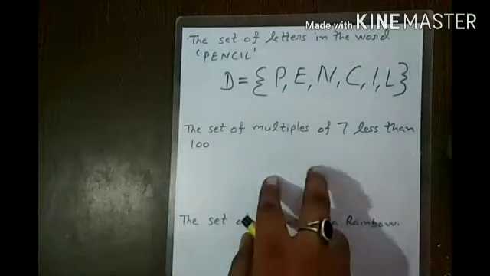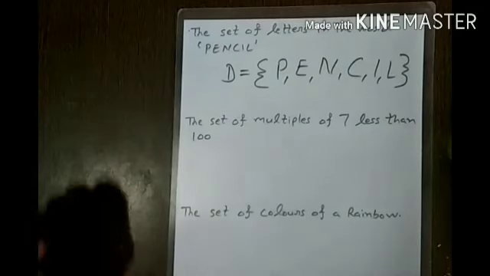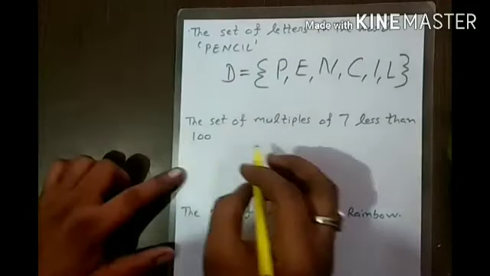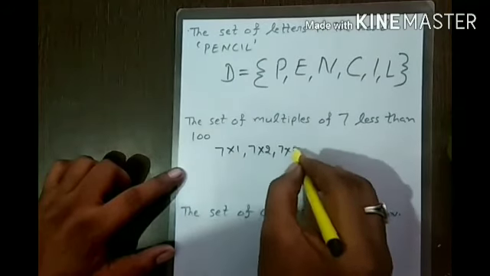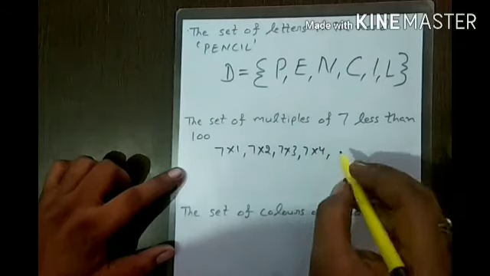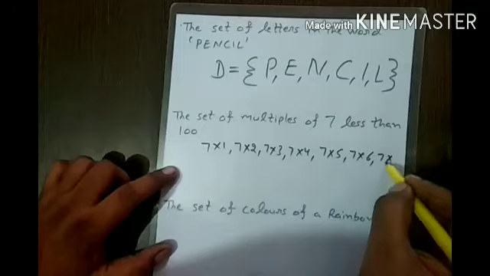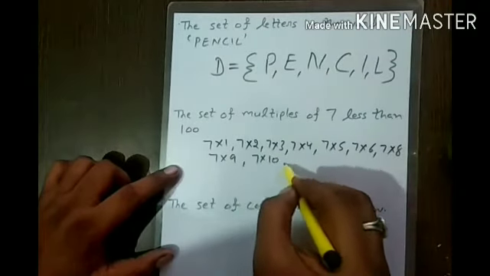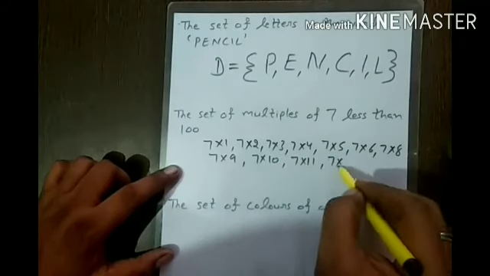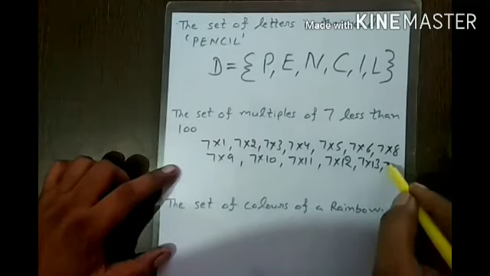Okay. Now the set of multiples of 7 less than 100. Now what are the multiples of 7? Multiples of 7 means 7 multiply 1, 7 multiply 2, 7 multiply 3, 7 multiply 4, 7 multiply 5, 7 multiply 6, 7 multiply 7, 7 multiply 8, 7 multiply 9, 7 multiply 10, 7 multiply 11, 7 multiply 12, 7 multiply 13, 7 multiply 14.